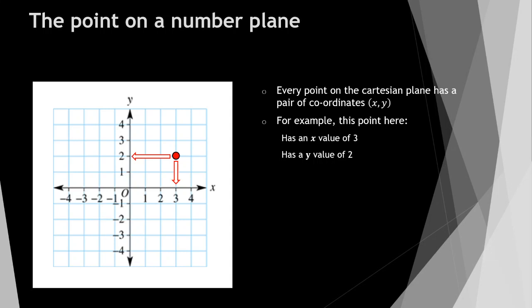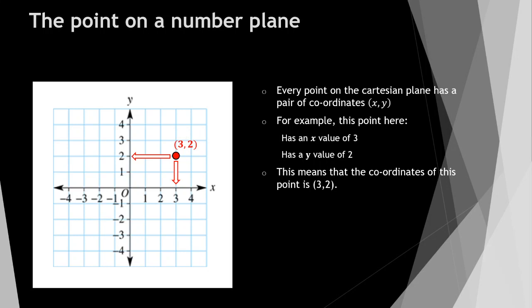This means that we call this point (3, 2). What's really important to notice here is that when you label a point, you should be labeling it with the format of x, y.